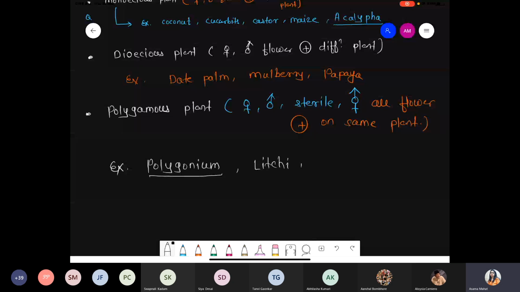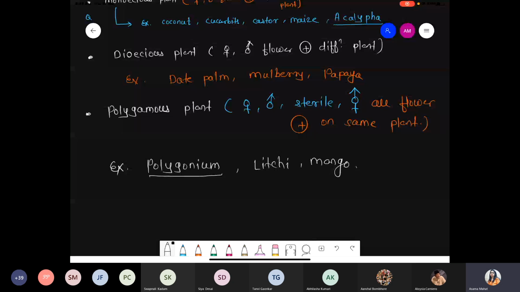Dioecious, you can say unisexual also. Yes, you can say. Dioecious and unisexual are the same. Yes, you can say, because we say unisexual flower means there is a male flower or a female flower.